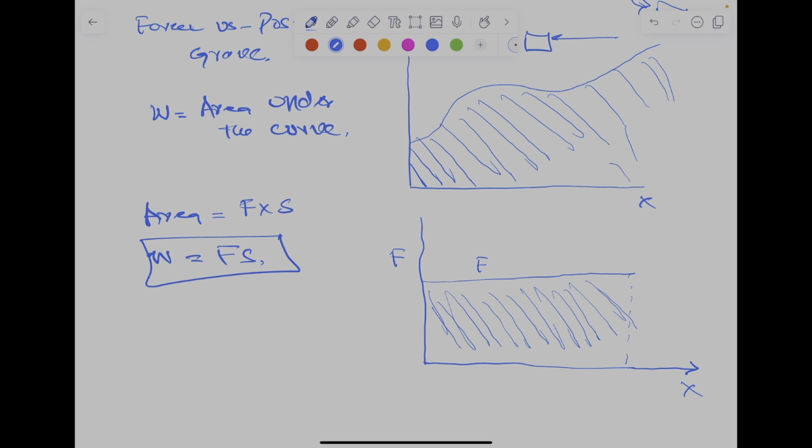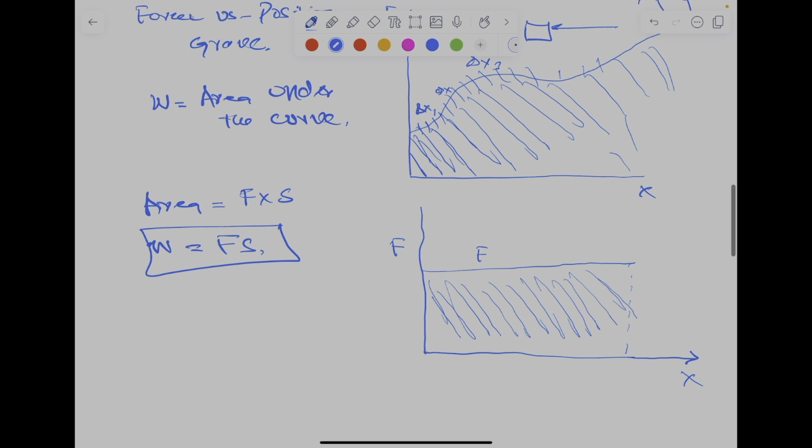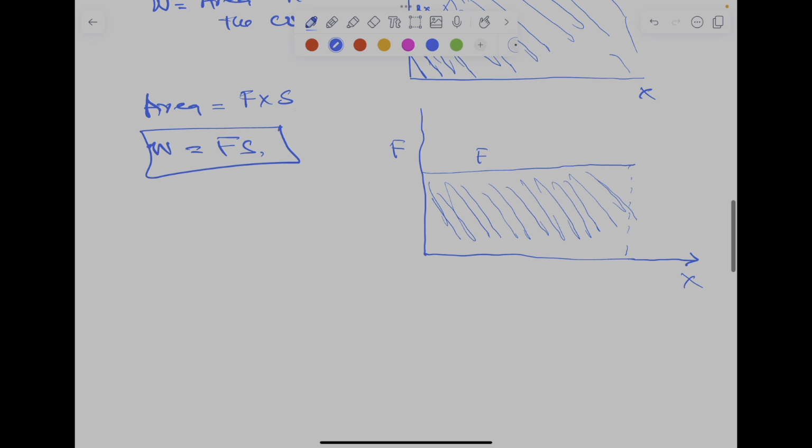Or if you have a curve like this, you divide this curve into small intervals of position, delta x1, delta x2, delta x3. Then you calculate the work like f1 delta x1 plus f2 delta x2 and so on.